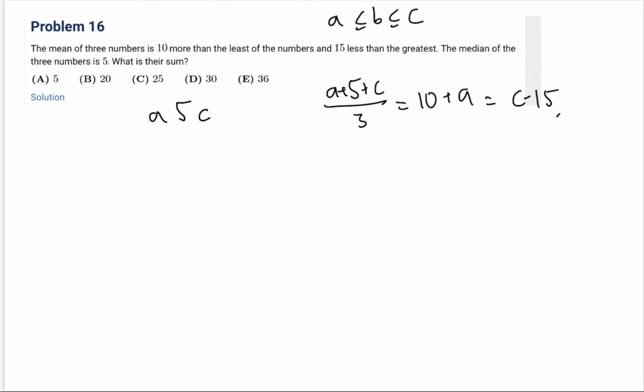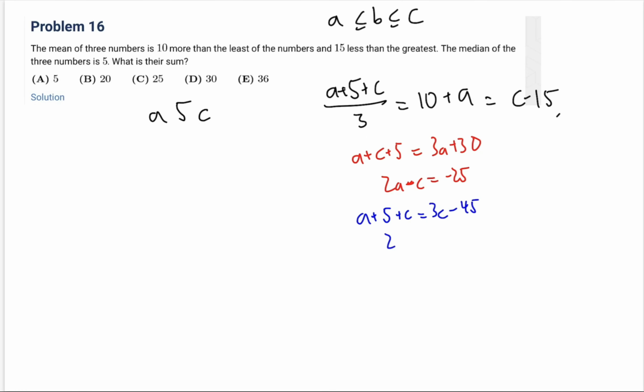So with this one, A plus C plus 5 equals 3A plus 30. 2A minus C equals minus 25. And then for this one, A plus 5 plus C equals 3C minus 45.